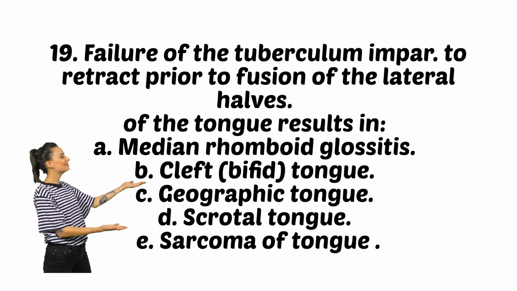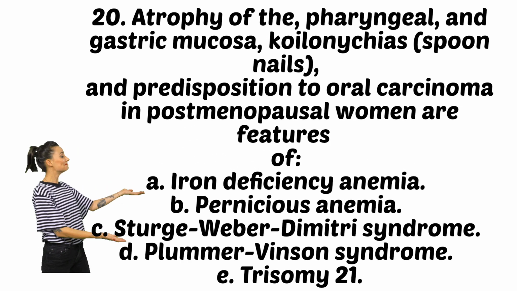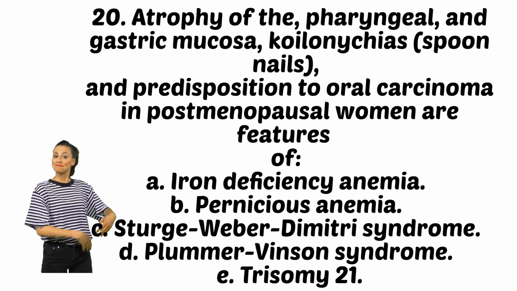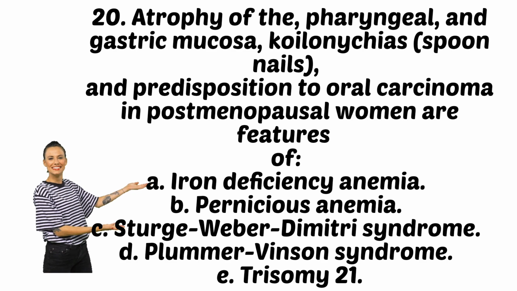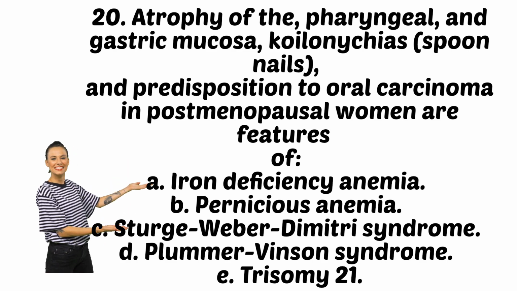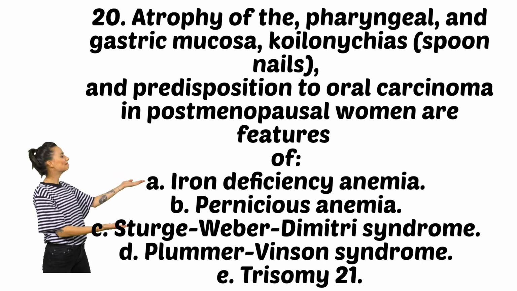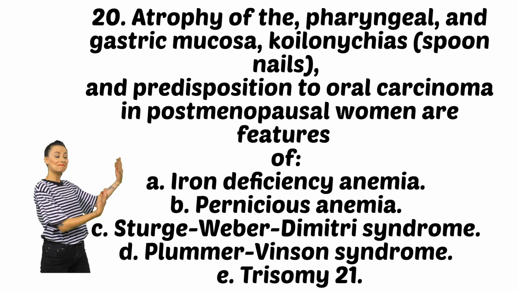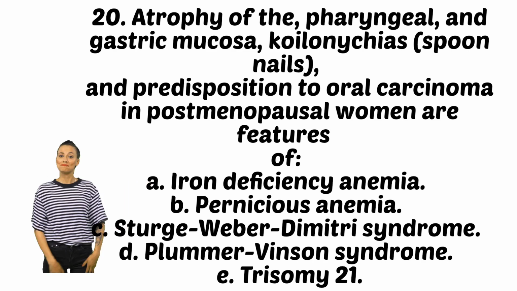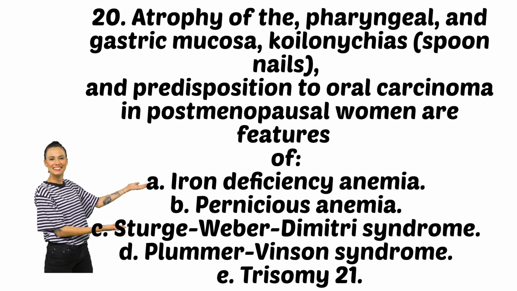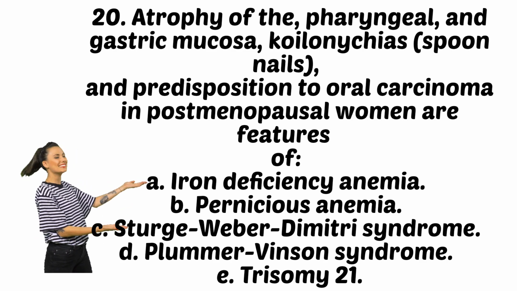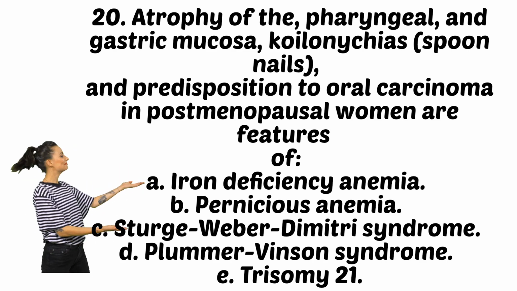Median rhomboid glossitis. 20. Atrophy of the pharyngeal and gastric mucosa, koilonychia, spoon nails, and predisposition to oral carcinoma in postmenopausal women are features of: A. Iron deficiency anemia, B. Pernicious anemia, C. Sturge-Weber-Dimitri syndrome, D. Plummer-Vinson syndrome, E. Trisomy 21.